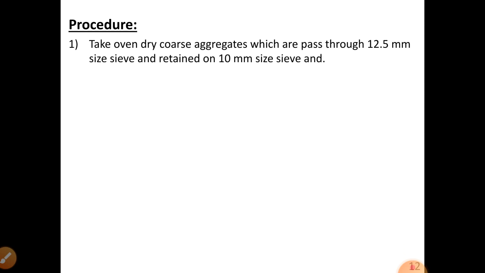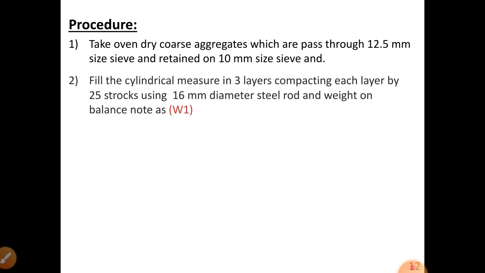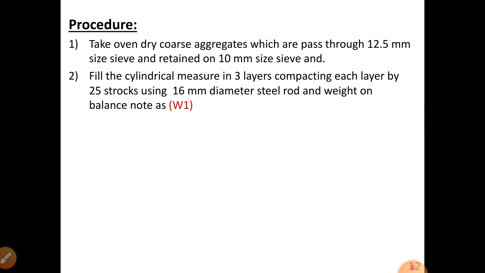First step is to take oven dry coarse aggregates which are passed through a 12.5 mm size sieve and retained on a 10 mm size sieve. Fill the cylindrical measure in 3 layers, compacting each layer by 25 strokes using a steel rod, and weigh on the balance and note as W1.